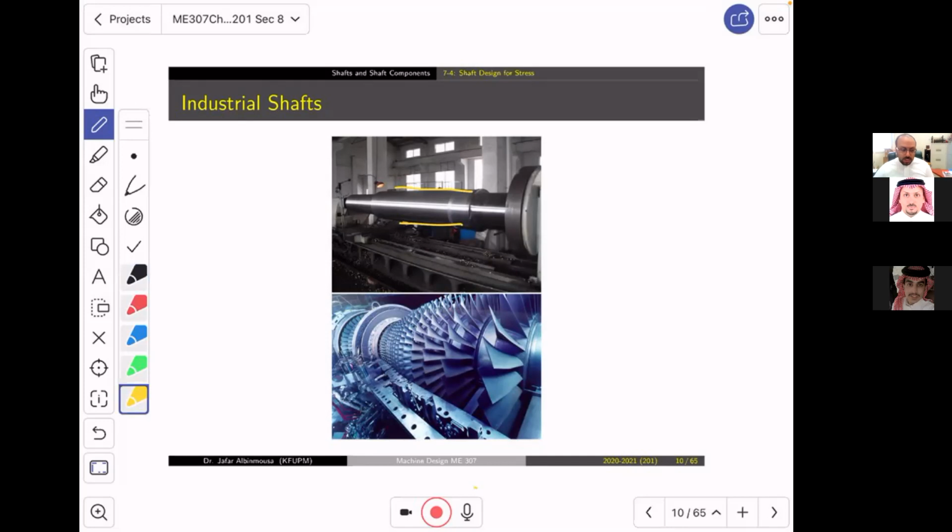Remember, ya shabab, the turbines they use in the village or in Al-Juaima, the electricity company has a power generation station. They don't have thousands of turbines. They have maybe 5 or 6. And those turbines are so gigantic. You can even drive your car inside it.